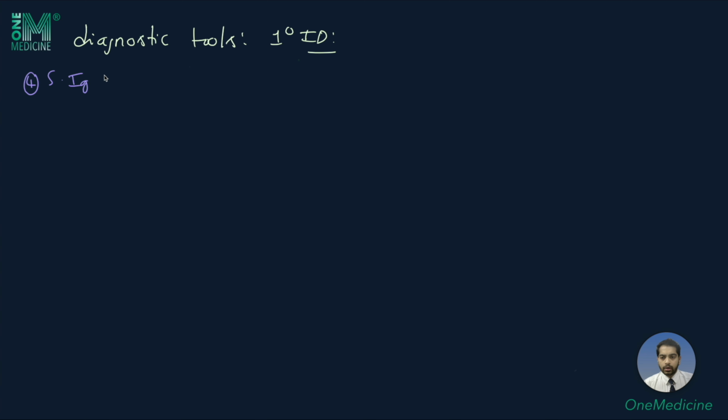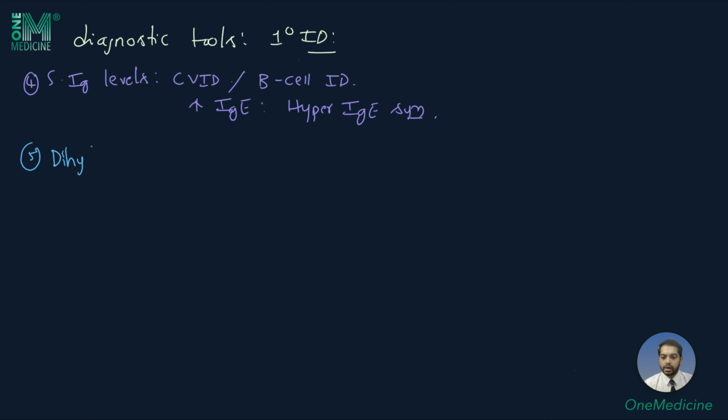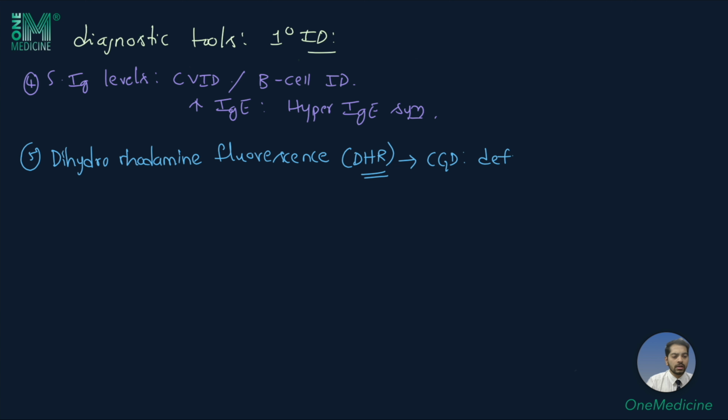Serum immunoglobulin levels are measured in patients with common variable immunodeficiency or B cell immunodeficiency syndromes. There can be increased IgE level seen in hyper IgE syndrome. Dihydrorhodamine fluorescence or DHR assay is performed in patients with chronic granulomatous disease where deficiency of enzymes in polymorphonuclear cells can lead to lack of reactive oxygen species production.